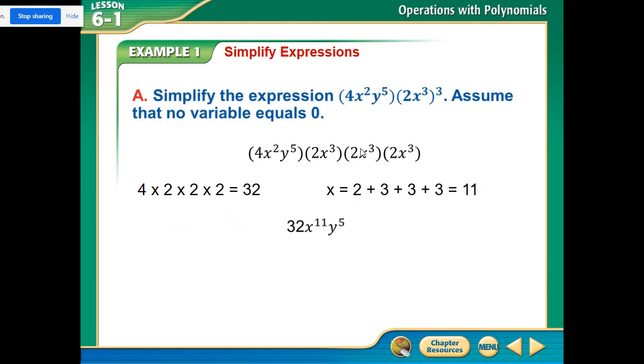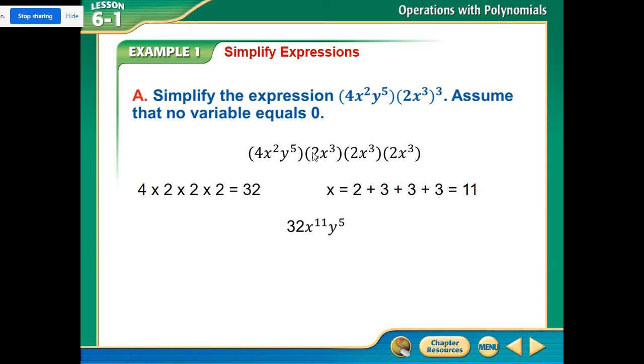All right, what about this one? 4x squared y to the 5th, 2x cubed, cubed. So one way that we can go ahead and do this is, what does cube mean again? It means multiplying itself 3 times. So we have 2x cubed, and 2x cubed, and 2x cubed. This one has no power here, so it's just there once.